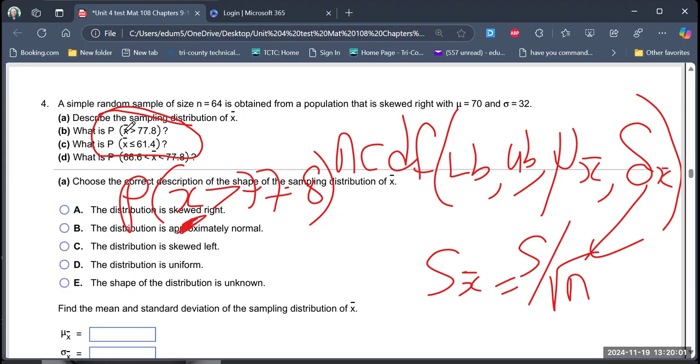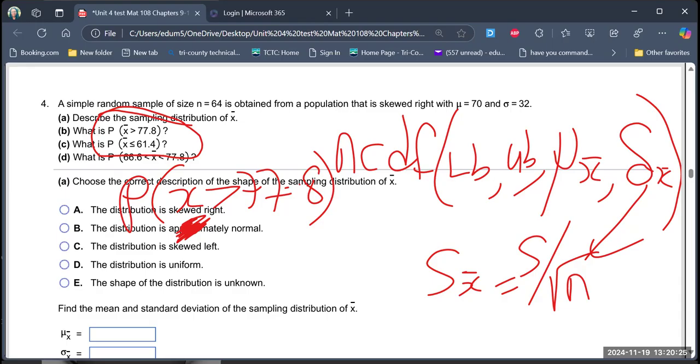So if it is the ordinary normal curve, there will be no bar on your x. That's all the difference. They will not tell you that this is a central limit theorem question, but they will use that random variable x bar. That tells you it is x bar.